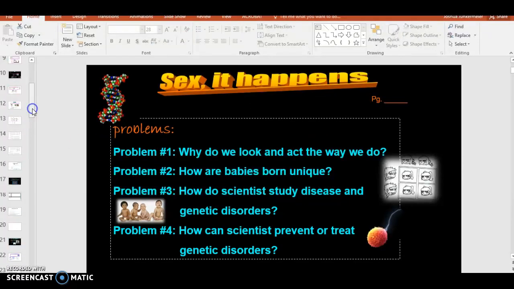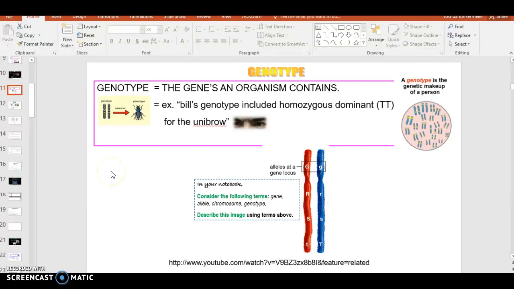So let's begin. This starts with slide 11. Slide 11 has the definition genotype. It's the genes an organism contains. Example, if you were using it in a sentence, would be Bill's genotype included homozygous dominant, big T, or 2 T dominant alleles.